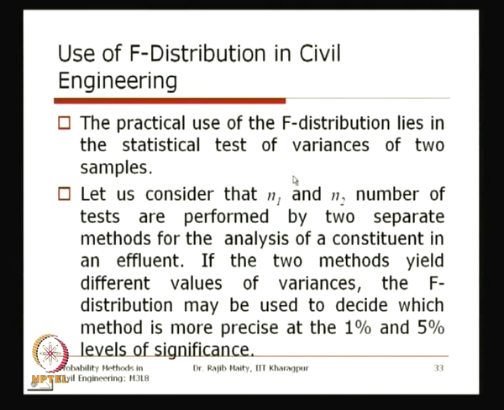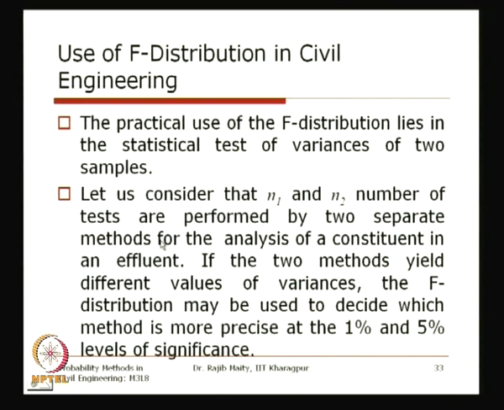Now, the use of the F distribution in civil engineering is mostly for this general case. For the T distribution we said that when the mean of the sample is involved, we use the T distribution. Similarly, when the sample variance is involved, we have used the chi-square distribution. Now suppose that two samples are available and the ratio of the sample variances from the two samples is of concern; then to test that ratio we have to follow the F distribution.